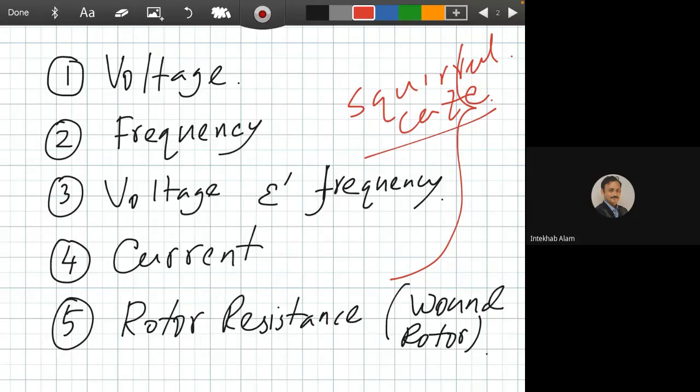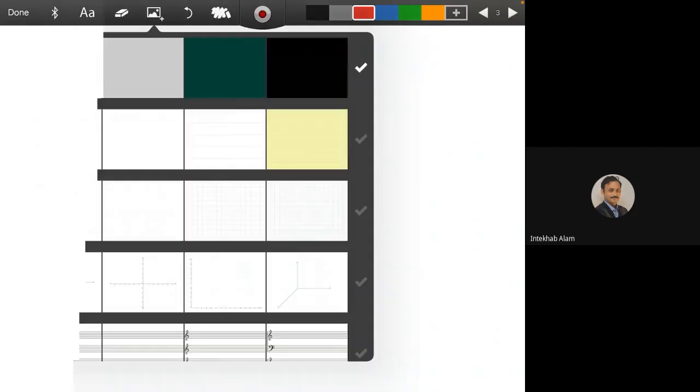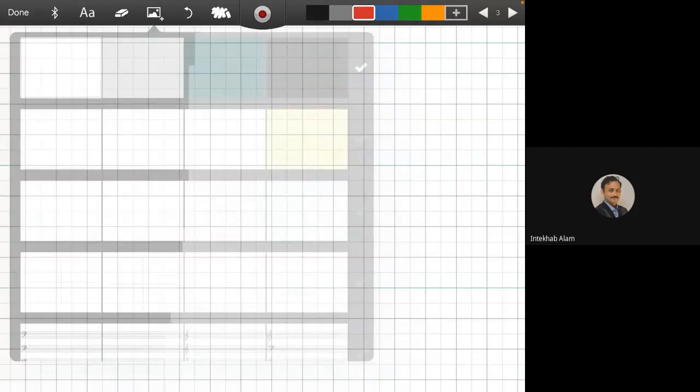To understand these things, we need to first go with the equation of an induction motor.